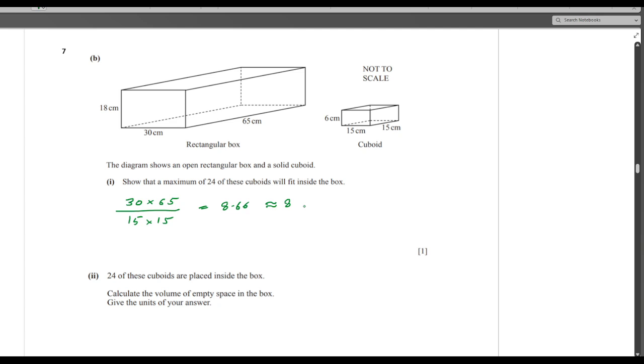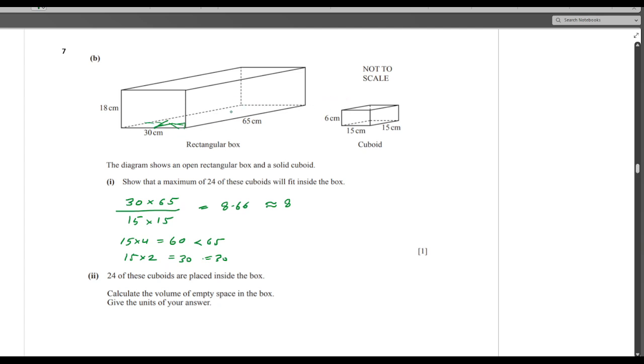You can think like that also, that along the width we can fit 2, and along the length we can fit 4. 15 times 4 is 60, less than 65, and 15 times 2 is 30, which is exactly the width. So width-wise you can fit 2 blocks, and length-wise we can fit 4 such blocks.